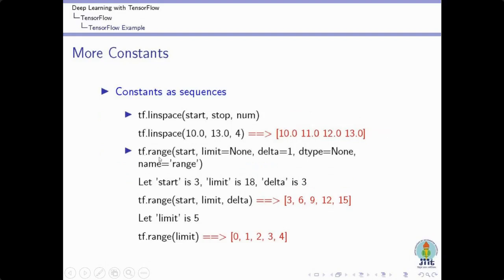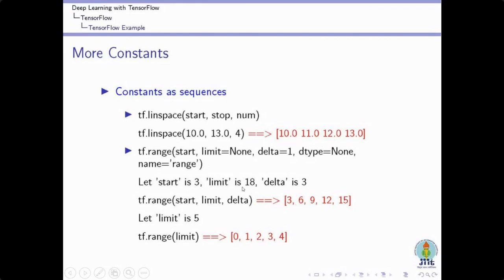Similarly, range, which you have used in Python in a for loop, for i in range. Here we also use a range, so we can use tf.range. Range can have 3 values as well as only a single value. If I use start, comma limit, comma delta, and start is 3, it will start from 3.